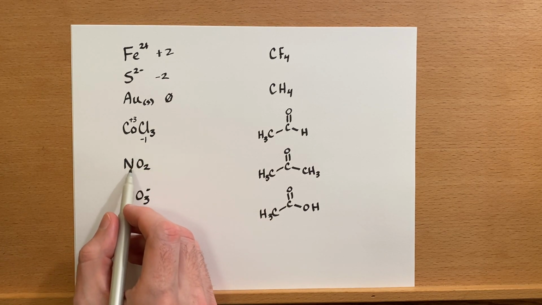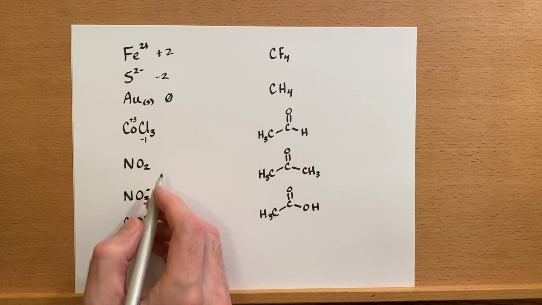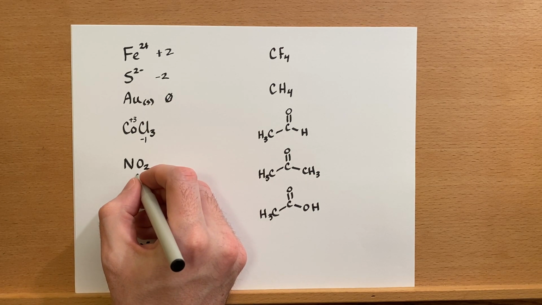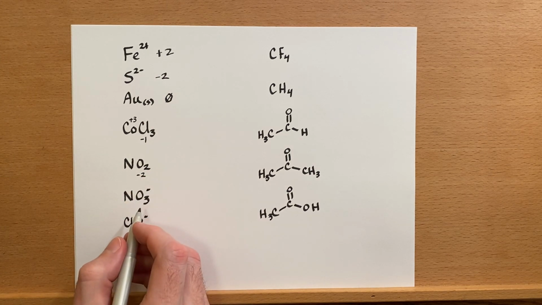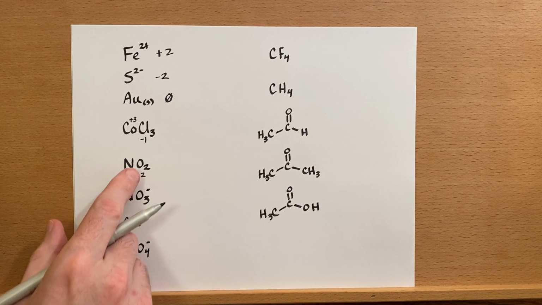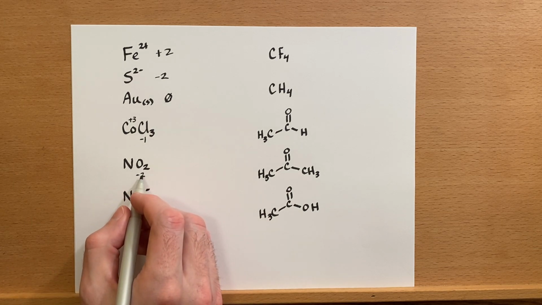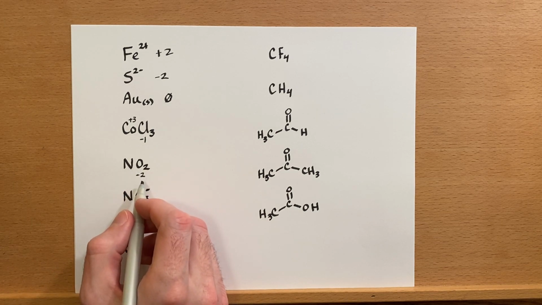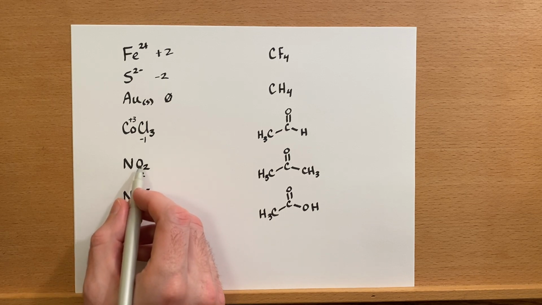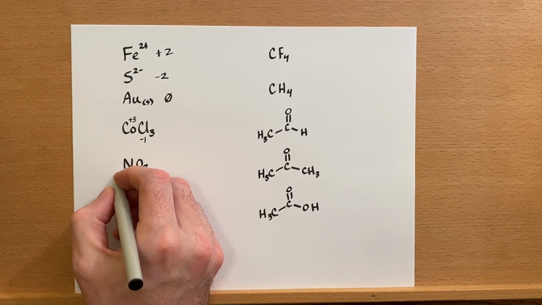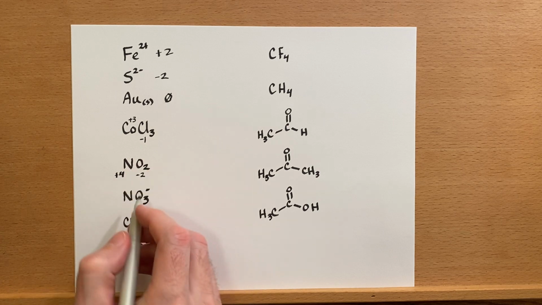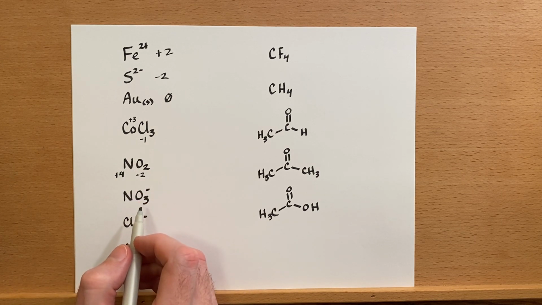Now, we need to figure out what the oxidation number is on the nitrogen. We already know the oxidation number on the oxygen. It's -2 because our rules say that this is -2, and it's not one of those exceptions. So we have -2, but we have 2 of them, and so in order for that to add up to 0, this must be +4. So the nitrogen is +4 there.